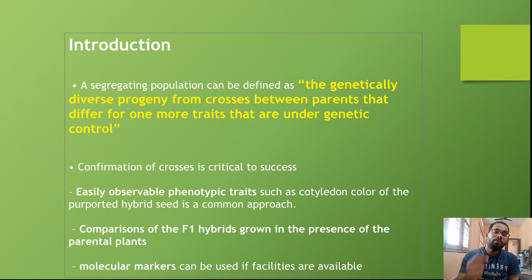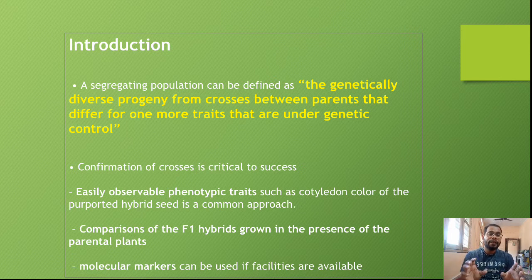So what will you do? You have to confirm the cross, and there are some methods for confirmation. At the molecular level you can use a marker. A marker is a DNA sequence which is present on a chromosome and is indirectly responsible for a trait.